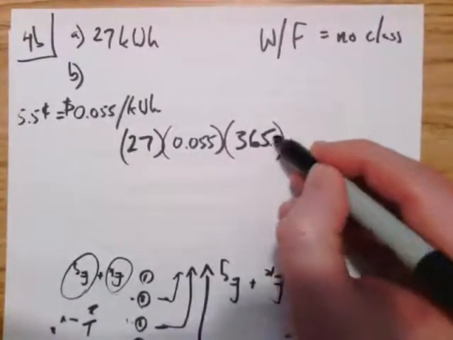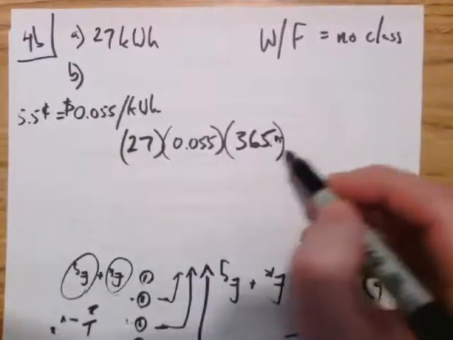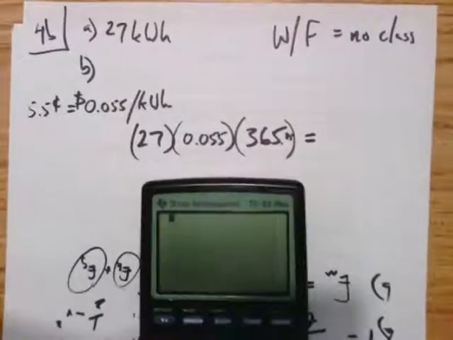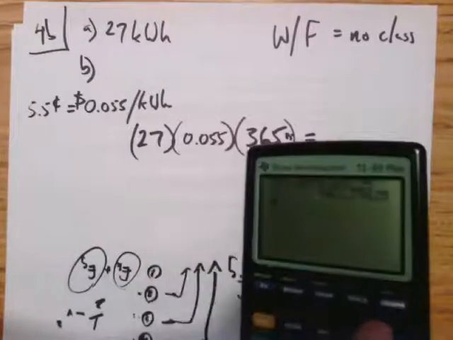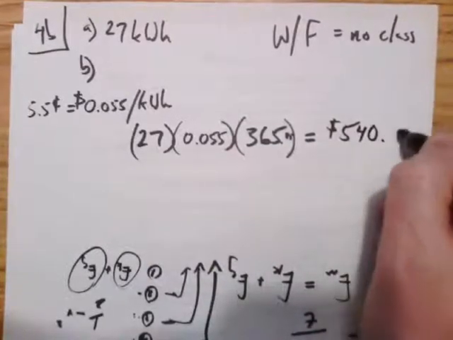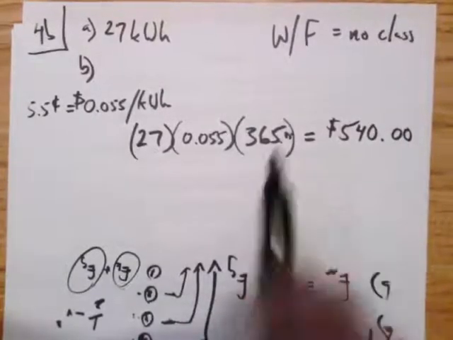If you want to be real smart, you can say 0.25 as well. 27 times 0.055 times 365, times 0.25 because we're real smart, is 542. So with sig figs, $540. That's what they're saving.